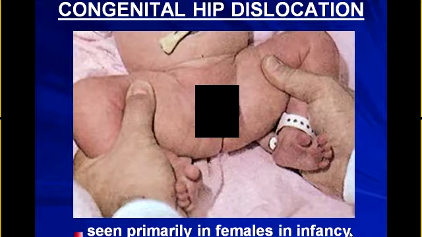So a hip dislocation is out. A dislocatable hip is one that can still dislocate, but at rest it's resting in.